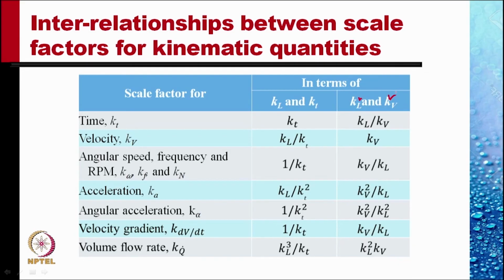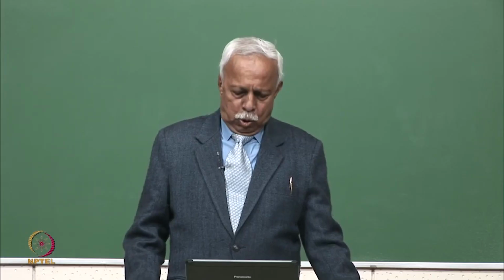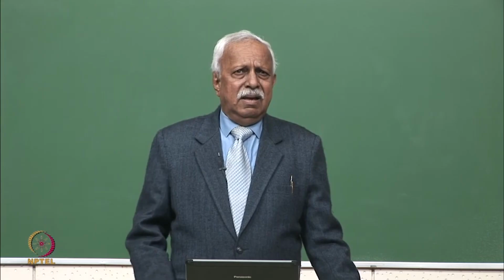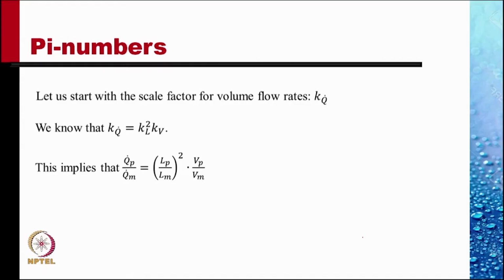And these are the values obtained using the method described in the earlier slides. Let's start with the scale factor of volume flow rate as an example, KQ dot. We know that KQ dot is KL squared times KV.